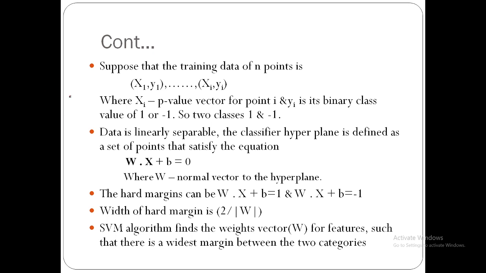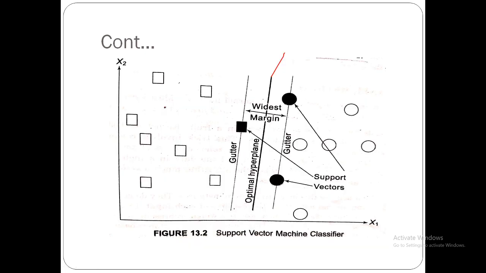Here x is a feature vector or a data point, and y is a label. xi is a p-dimensional vector for point i. yi is its boundary class value. The boundary class values we have to define here.